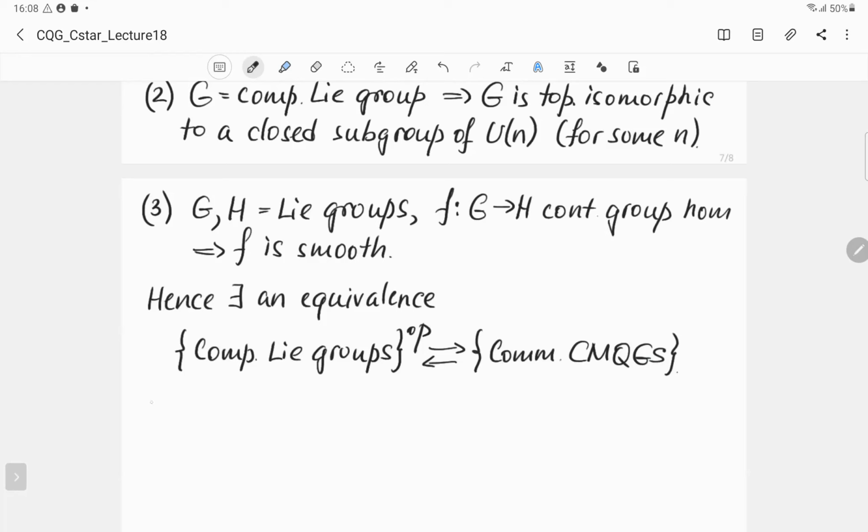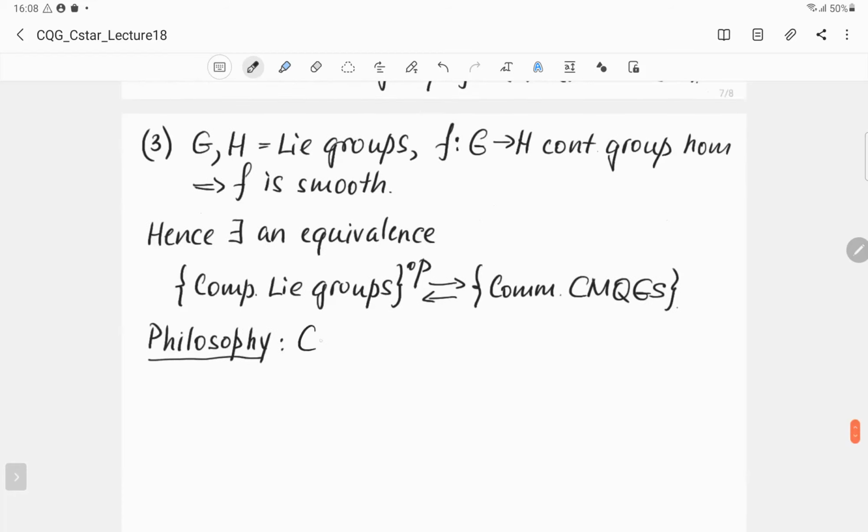So the philosophy behind this result is that an arbitrary compact matrix quantum group can be interpreted as a compact quantum Lie group. So this point of view emphasizes the role of compact matrix quantum groups.